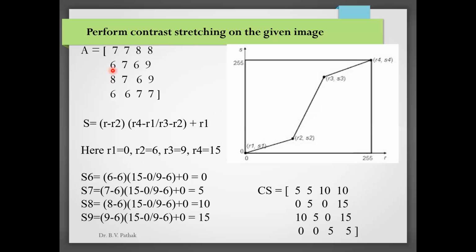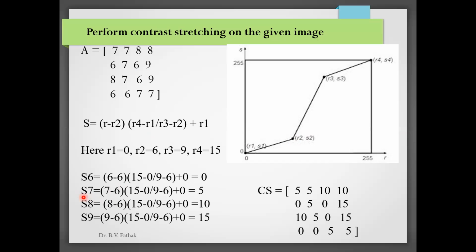First pixel is 6. So the new value S for pixel number 6 is, putting all these values in this formula, 6 minus 6 is equal to 0, so the first value comes to be 0. Whereas the second pixel, I'm calculating it for pixel number 7.